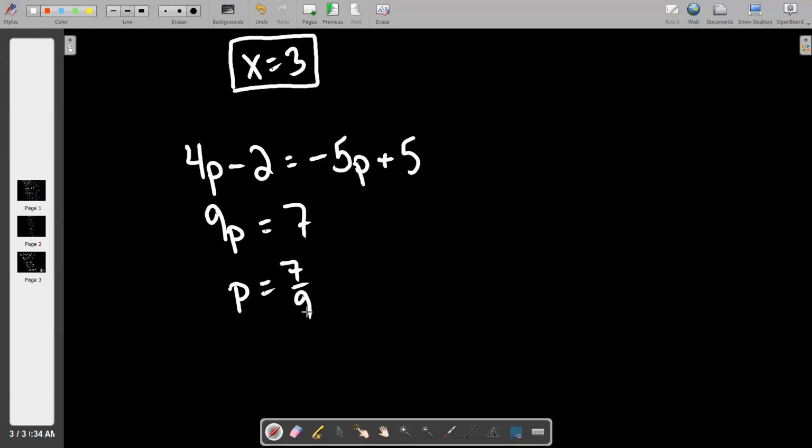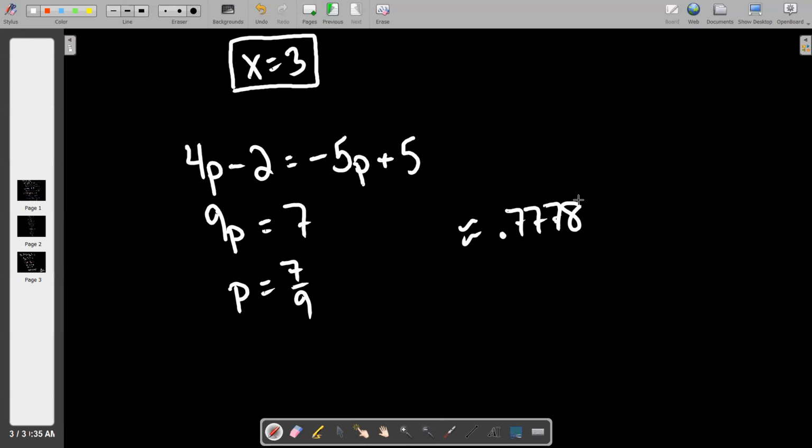Now, if you wanted to use accuracy, you could take 7/9 and convert it to 0.7 repeating. But if you put 4 in your calculator times 7/9, some of you might struggle with that. So for the sake of checking it, you could call it around 0.7778, because that's what 7/9 is, a lot of 7s.